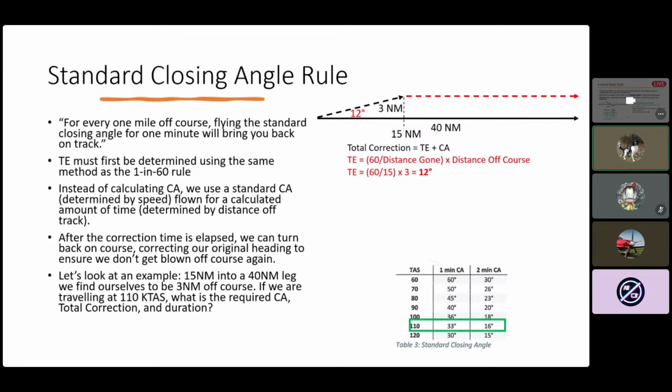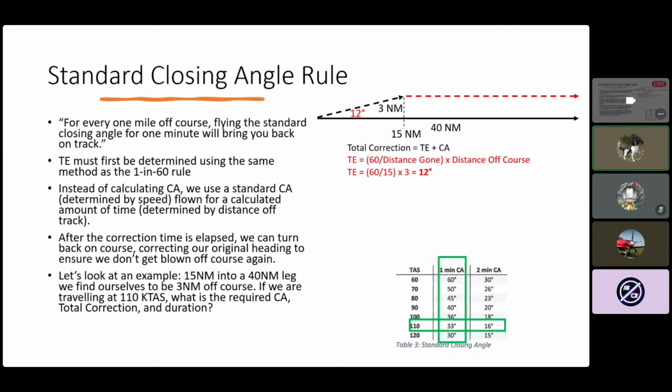Okay, so we know we're flying at 110 knots because we calculated the true airspeed on the ground as part of our flight plan. So we know that a 33-degree closing angle will get us back on course 1 minute per mile. Okay, there is a 2-minute closing angle in this table as well.